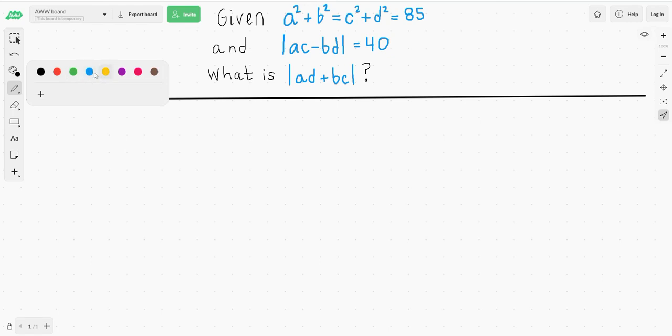So to start, consider the following product. Let's take a squared plus b squared and multiply it by c squared plus d squared.